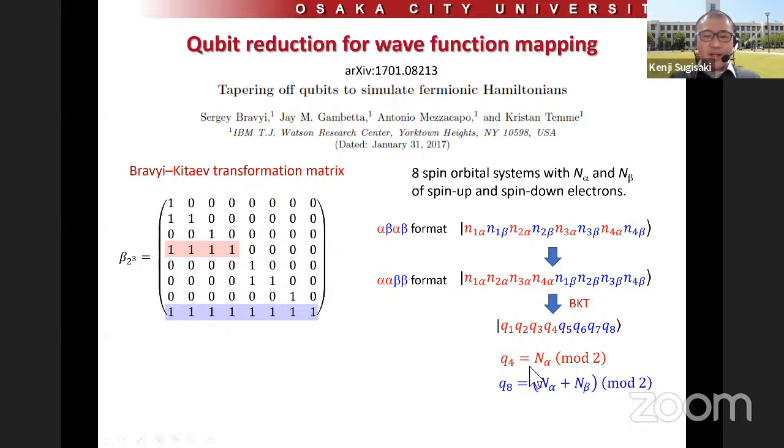In this case, Q4 is 2 modulo 2 equals 0, always 0. And Q8 is also always 0, because in this case N alpha equals 2 and N beta equals 2. So Q8 equals 4 modulo 2. So Q8 is always in the 0 state.